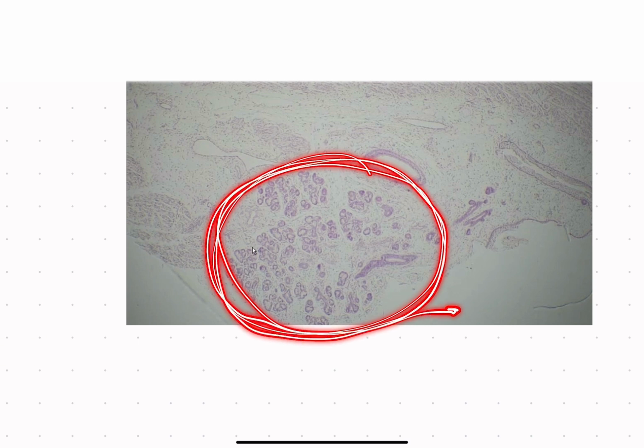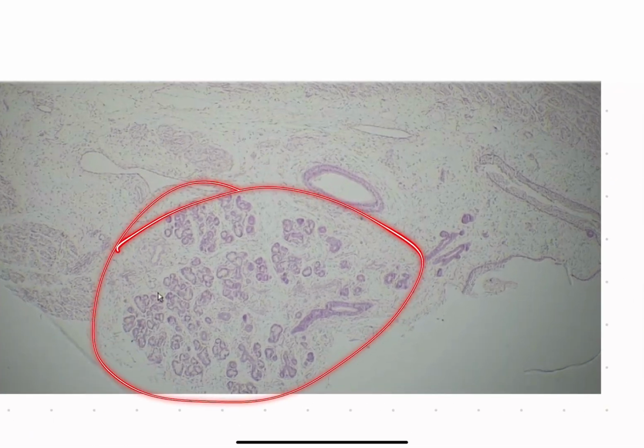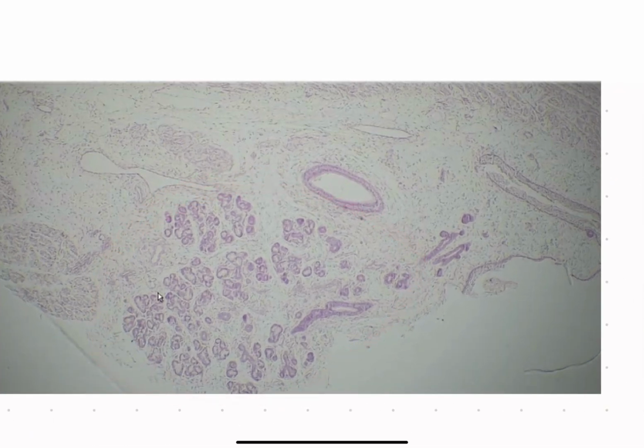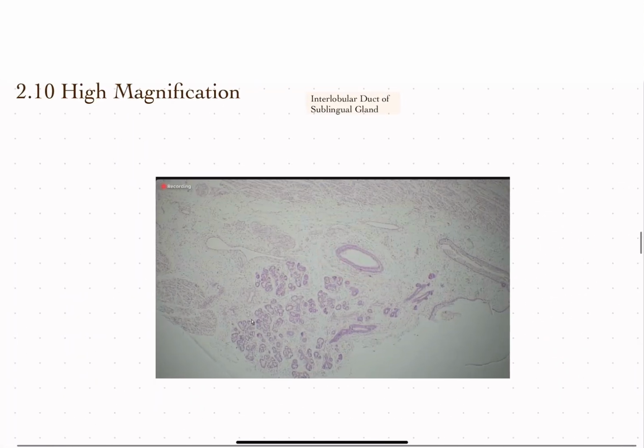Or the sublingual glands. Some professors accept the major salivary glands as an answer as well, but some want you to be very specific. And if we have glands, we can also sometimes have very large ducts. In this case, one of the largest ducts, the interlobular duct of a sublingual gland right there.